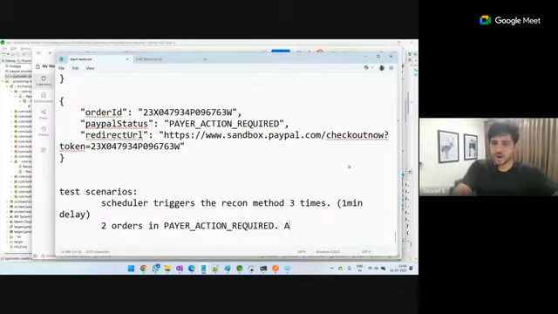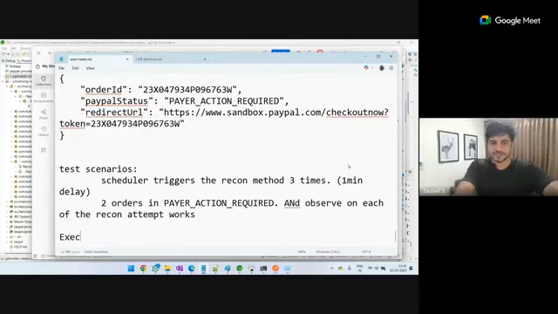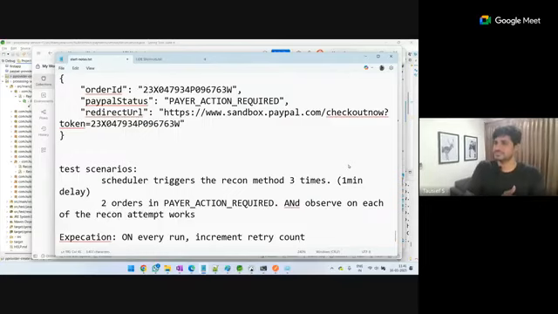Observe how each of the retry or recon attempts works. This is our test scenario. What is our expectation? On every run, just increment the retry count.